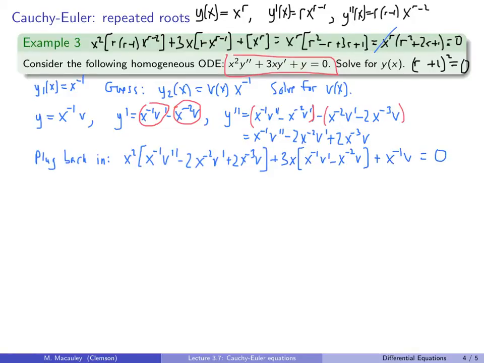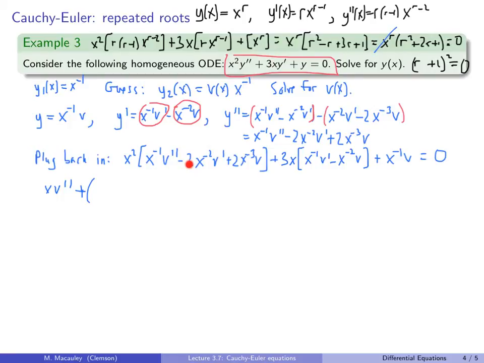Okay, so let's simplify this. So how many v primes do we have? So we have x times v double prime. That's the easy term. Okay, so how many v primes do we have? Let's write this out. v primes, let's count them.